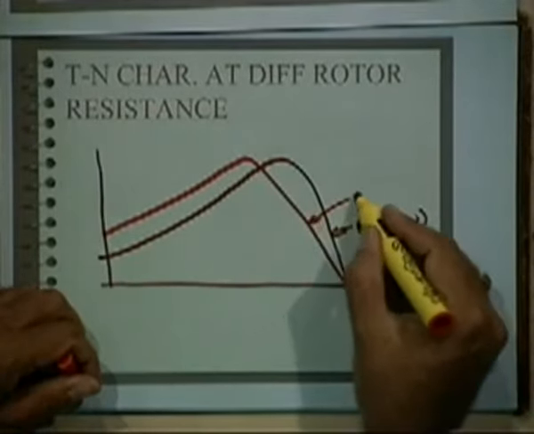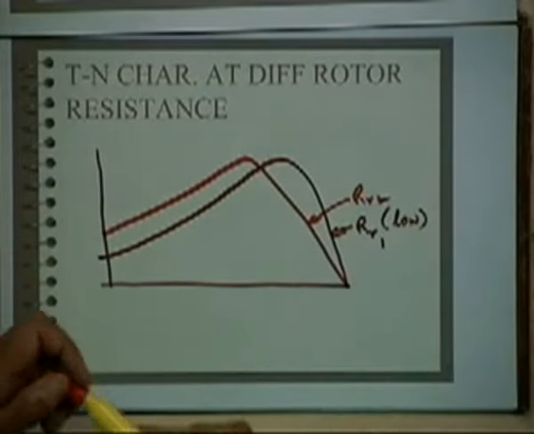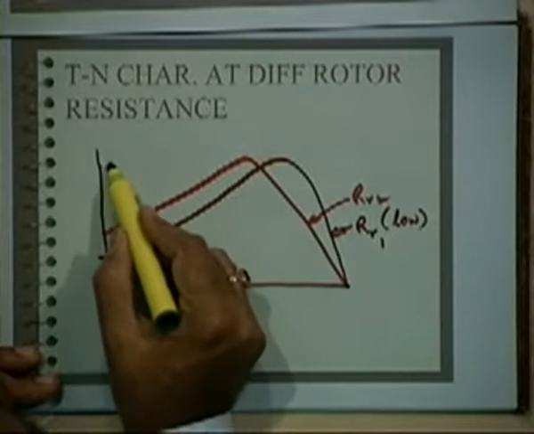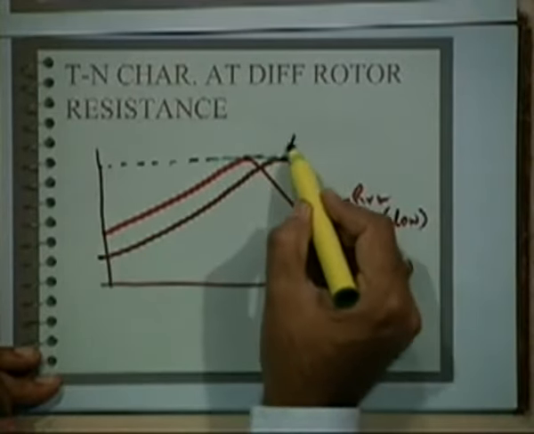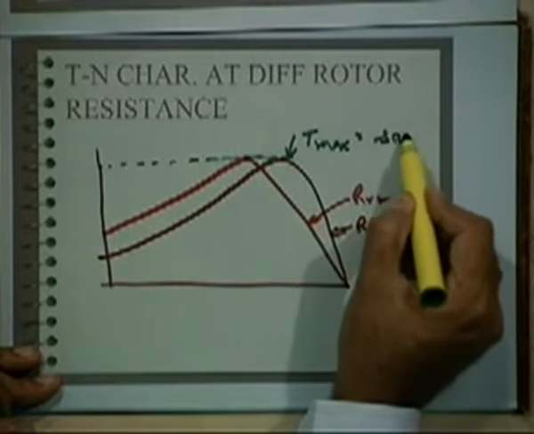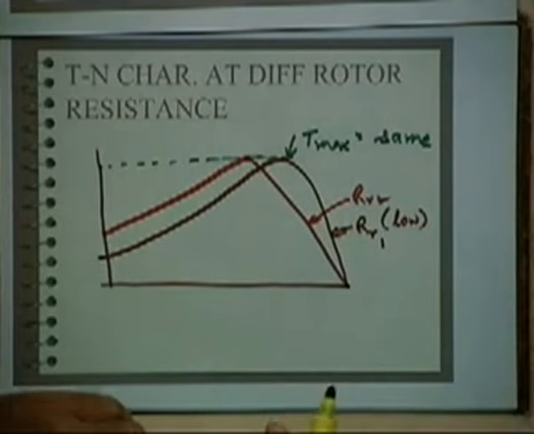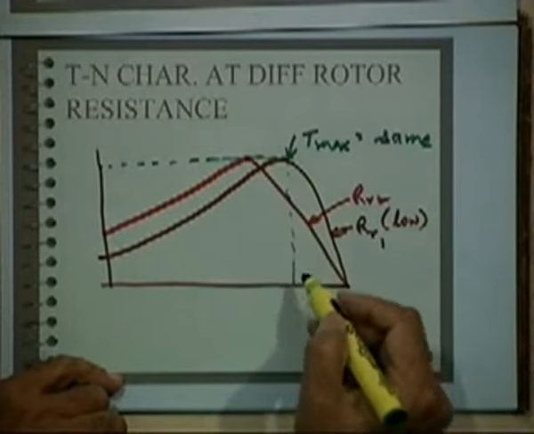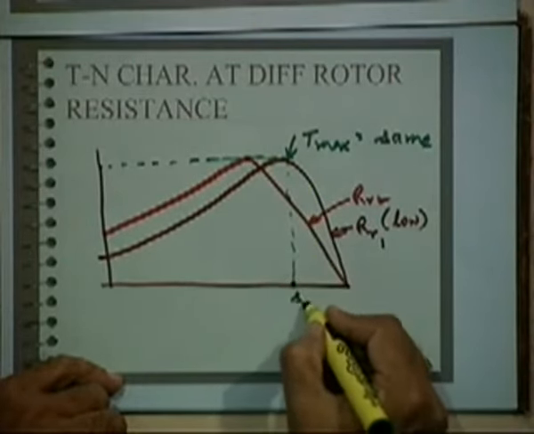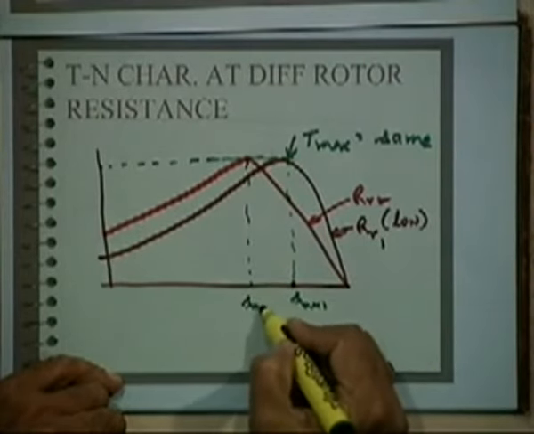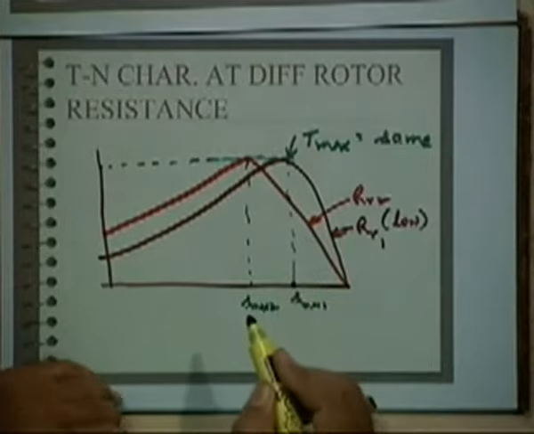Let us say RR2. But maximum torque doesn't change. Maximum torque is the same. So you will find that the maximum torque doesn't change, but your slip at maximum torque will change. So this will be S max 1 and this will be S max 2 because RR has changed.